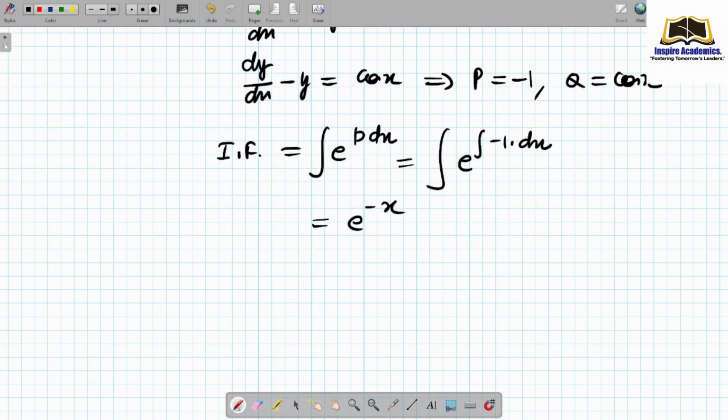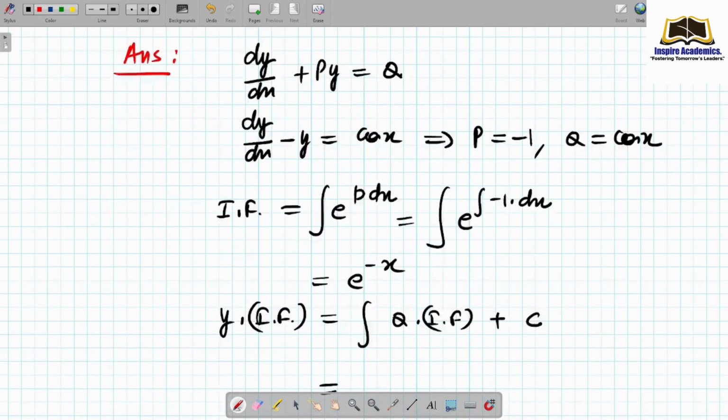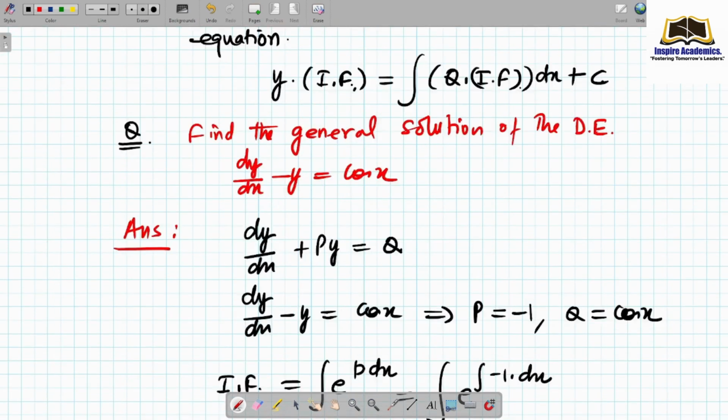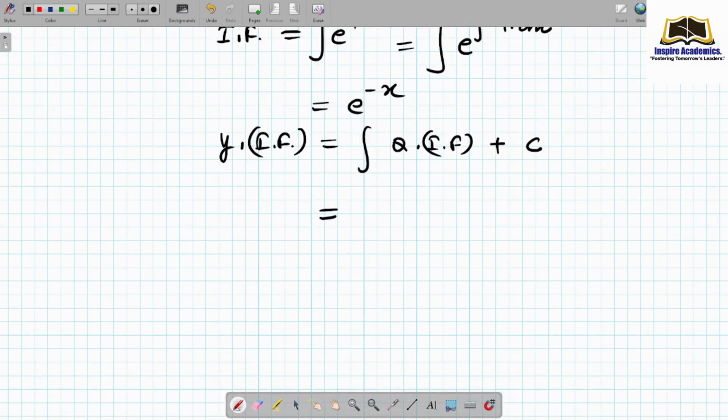We already know the IF, so let me just simply write the solution part. Y times IF equal to integration of q times IF plus c, and the value of q is cos x.